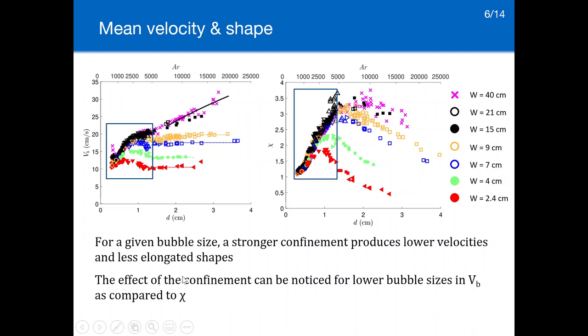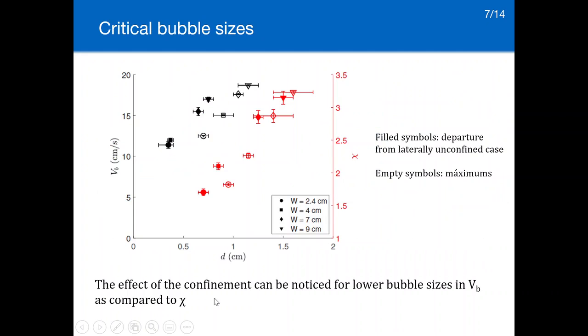The effect of the confinement, which is the departure from the non-confined case, can be seen earlier, for smaller bubbles, in the velocity as compared to chi, the shape.